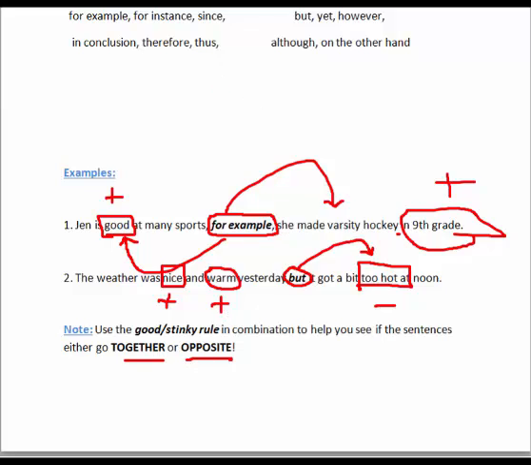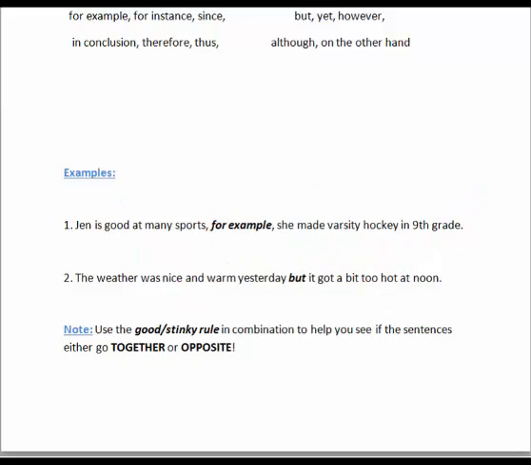Let's go ahead and do a quick review of all the things we've learned in lessons 1, 2, and 3. In lesson number 1, we talked about our topic sentence. Our topic sentence is going to be the most important. It's the big picture for the paragraph, and we have to identify what the topic sentence is going to say.